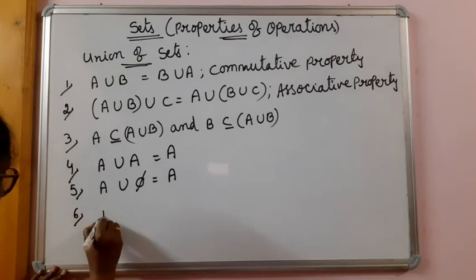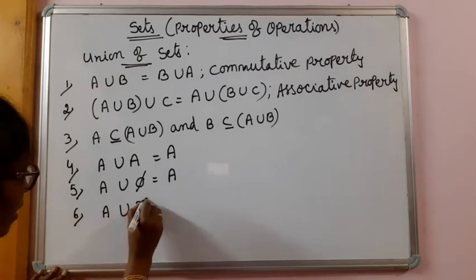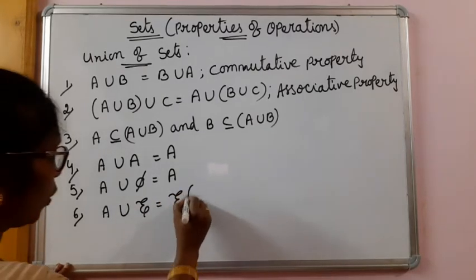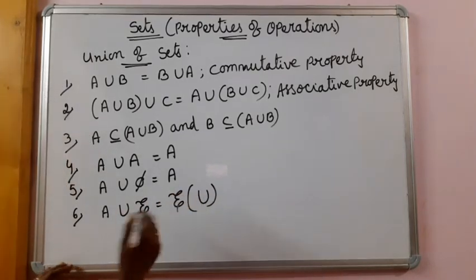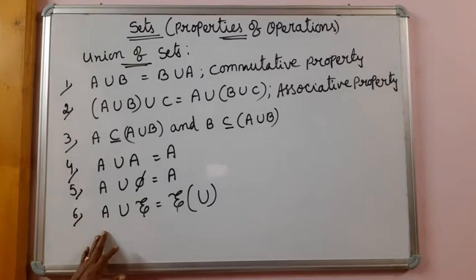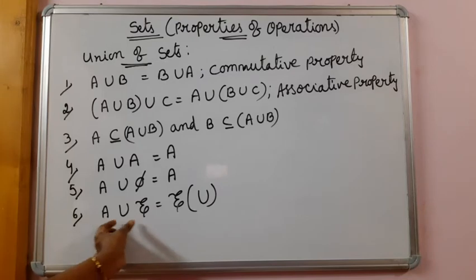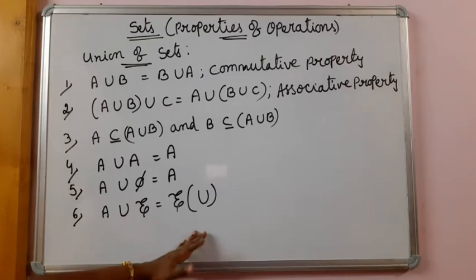And the sixth property is A union universal set gives you the universal set. Universal set we write as U. A is a subset of the universal set, so A union universal set is the universal set.